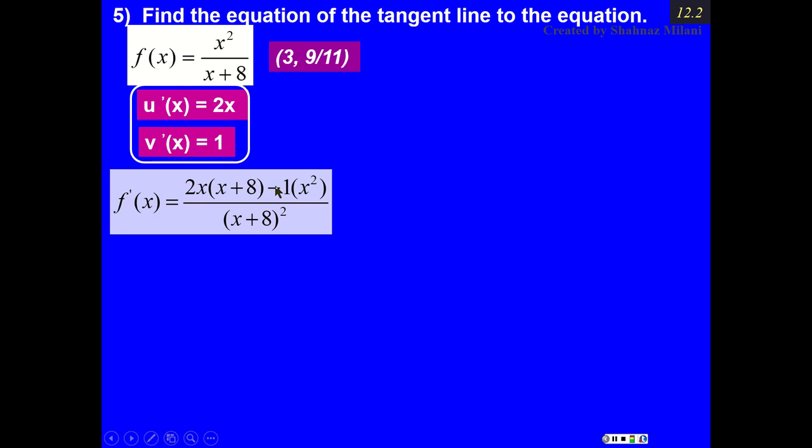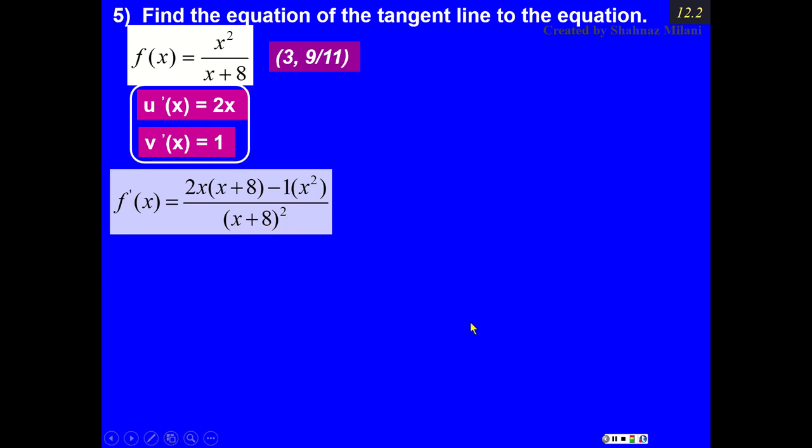Then minus the derivative of the denominator, 1, times the numerator, divided by the denominator to the exponent 2. That is my calculus. The common mistake, anytime you go by the quotient rule, is that the student right away reduces this with one of these, which we know is wrong.